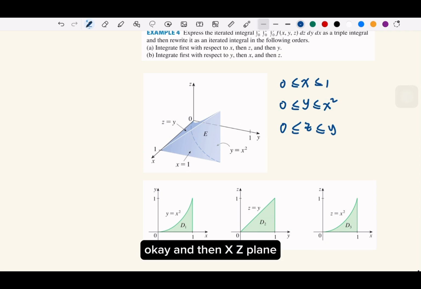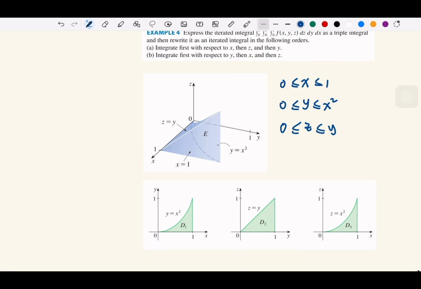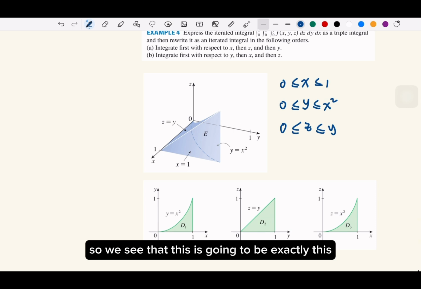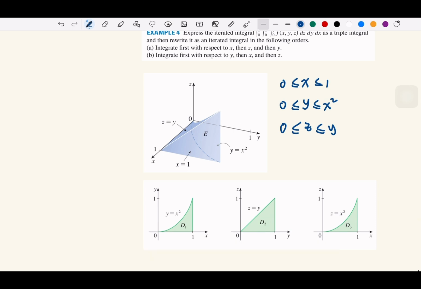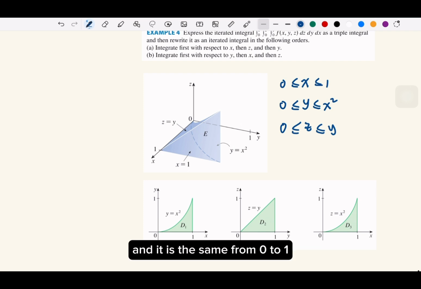And then the XZ plane, which we see from here, from this side. So we see that this is going to be exactly this, and it is the same, from 0 to 1.